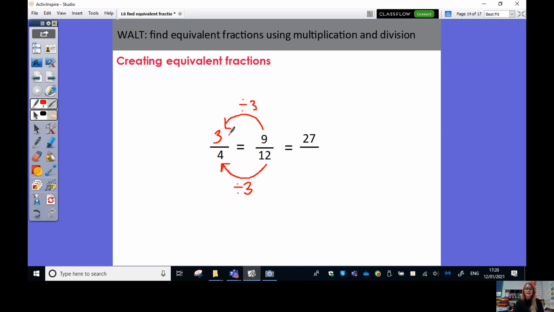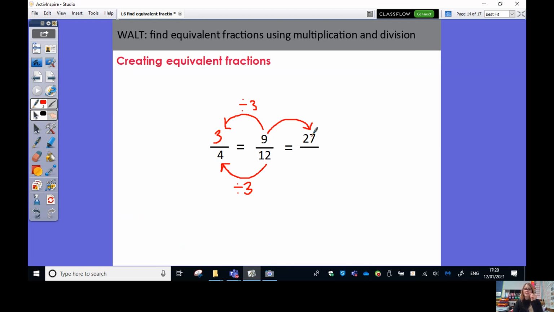So I've already worked out this side. Now I can use this fraction to help me work out the missing fraction on this side. So on this one, it's 27 over something. I'm not sure what the denominator is. So I'm going to use the one here to help me find my missing answer. So 9 to 27.